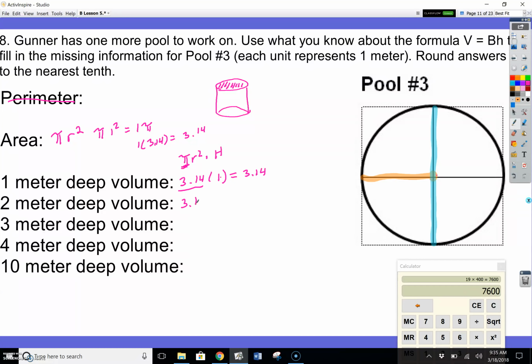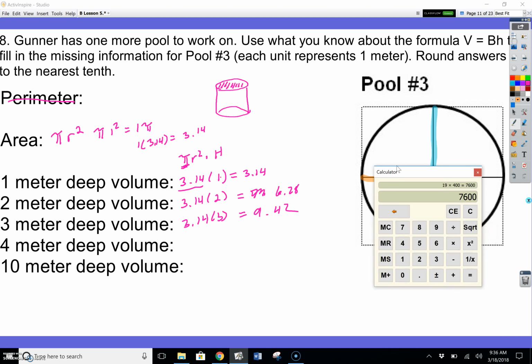Now we're going to do 3.14 times 2, because that's my depth. That is 6.28. Then I'm going to have 3.14 times 3. This would give me 9.42, I believe.